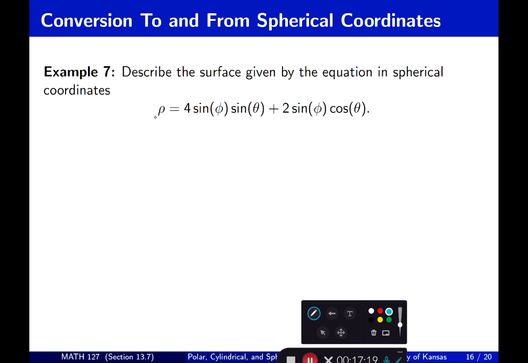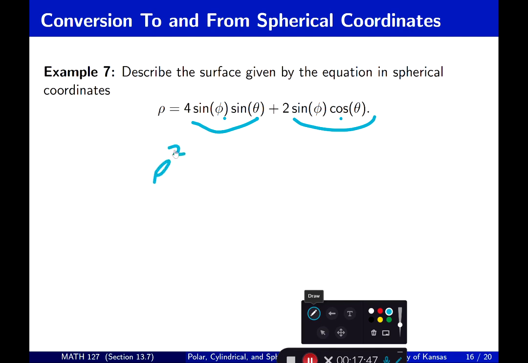It's going to be square root of x squared plus y squared plus z squared. Sine phi sine theta and sine phi cosine theta look familiar, but they are missing something. What are they missing? If I multiply that by a rho, then I get y for this one and I get x for that one. So what if I multiply everything by a rho?